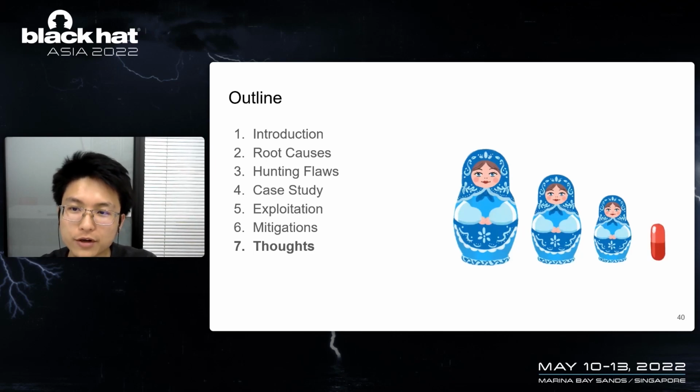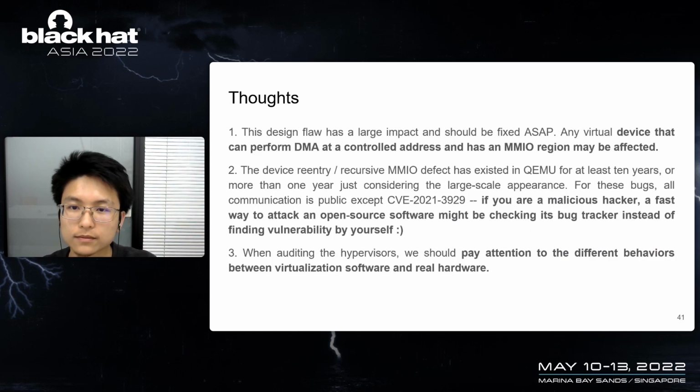Finally, would like to share some thoughts about bug hunting and open source security. First, this design flaw has a large impact and should be fixed as soon as possible. Second, this flaw existed in QEMU for at least 10 years, or more than 1 year just considering the large-scale appearance.